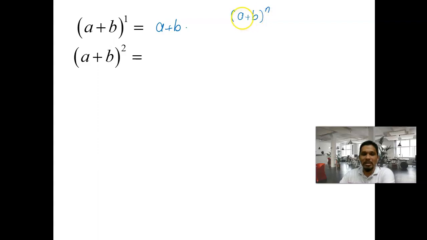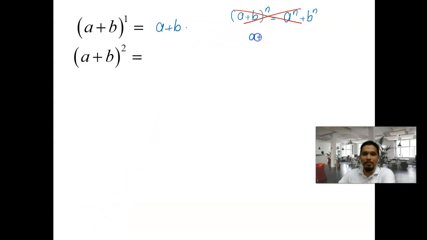Let's say (a + b) to the power of n. They simply write a to the power of n plus b to the power of n, which is incorrect. Okay, so please remember this.